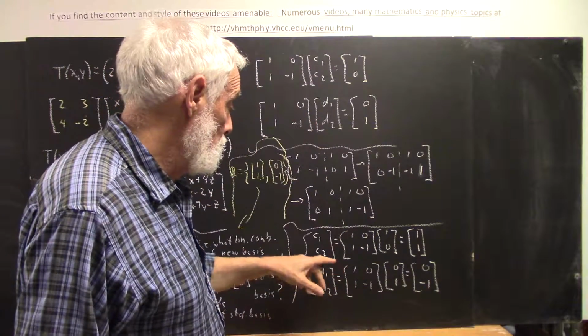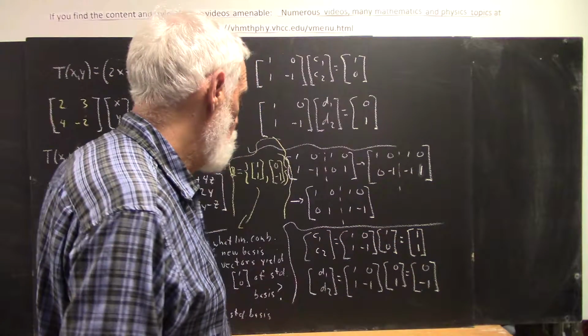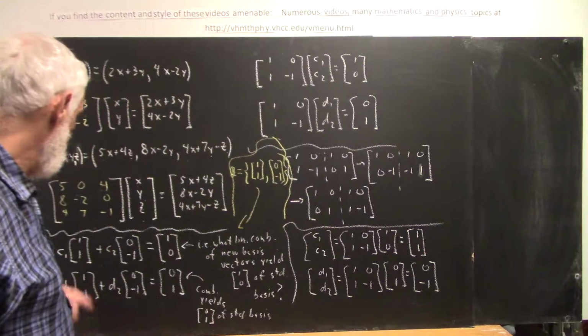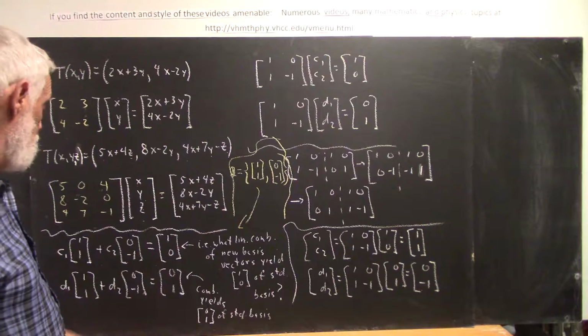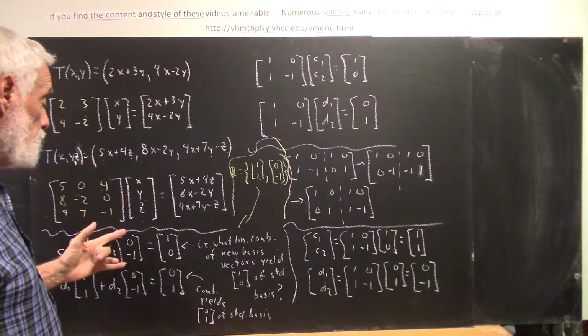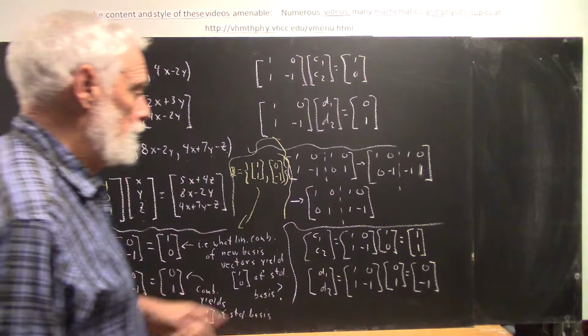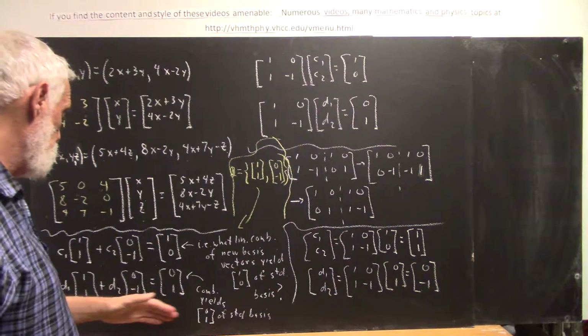So when that happens, we get our solution C1, C2. That gives us 1, 1. Meaning that if we add 1 times this plus 1 times this, we get this. Well, clearly, if we add 1, 1 to 0, negative 1, we do get 1, 0, don't we? And solving for D1, D2, so we see what combination we need here.